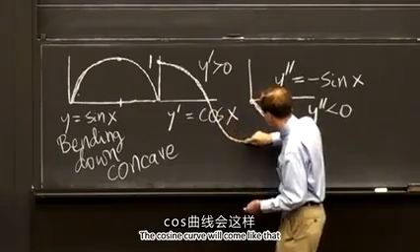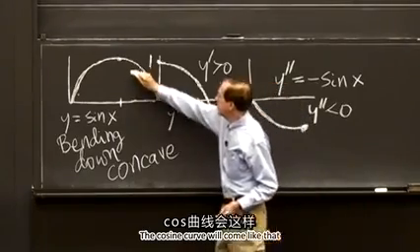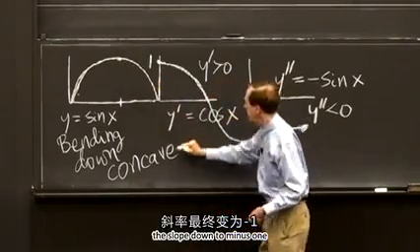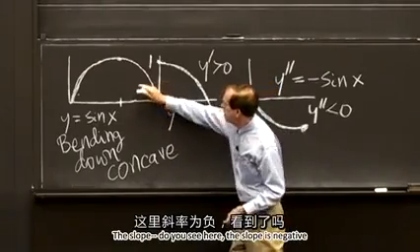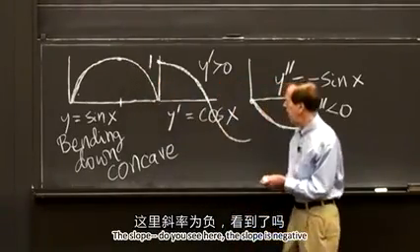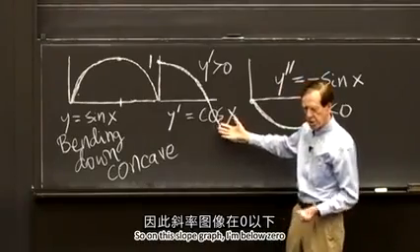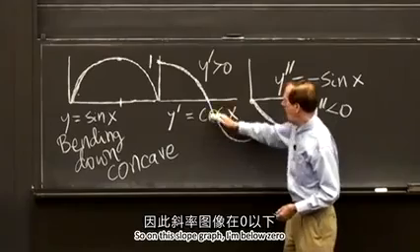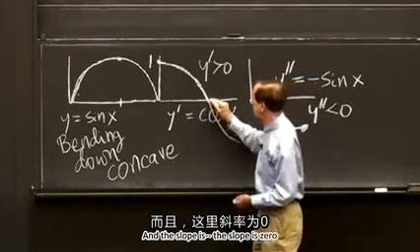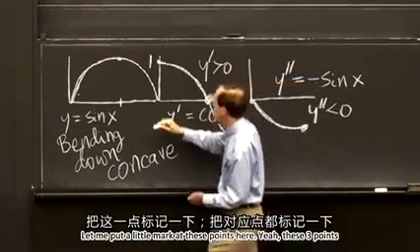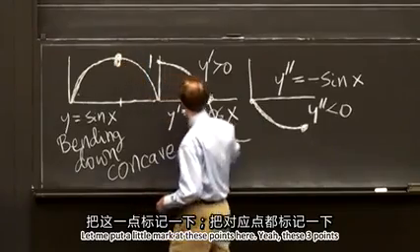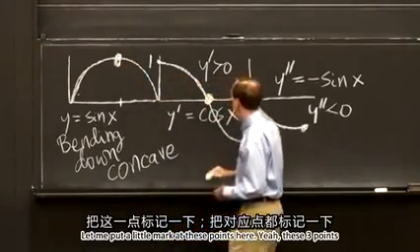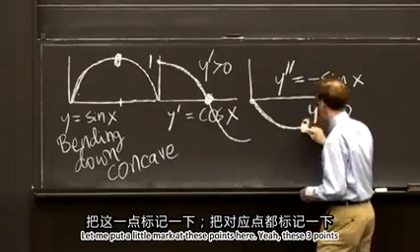The cosine curve will come like that, the slope down to minus 1. The slope, do you see here? The slope is negative. So on this slope graph, I'm below 0. And the slope is 0. Let me put a little mark at these 3 points here.